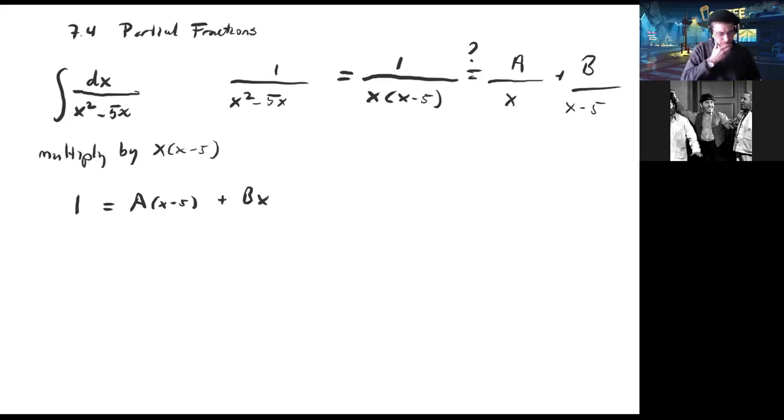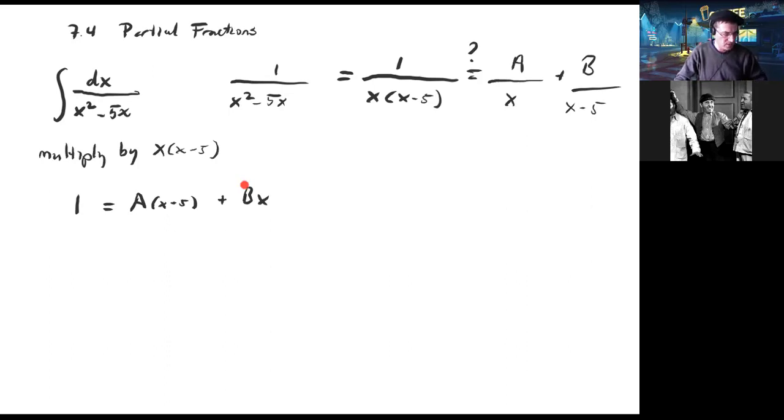So now, if you think about what this equation is saying, it's saying that two polynomials are equal. On the left side of the equation, we have the polynomial, which is constant 1, and on the right side of the equation, we have a polynomial which is linear in x, right? The only way two polynomials can be the same is if their coefficients coincide.